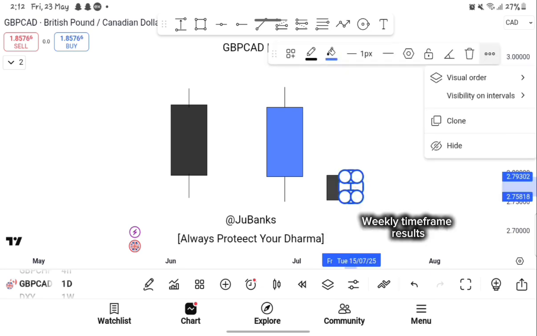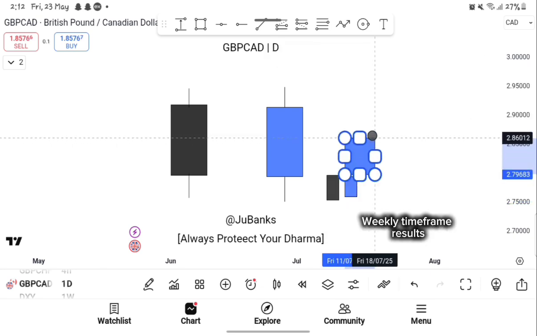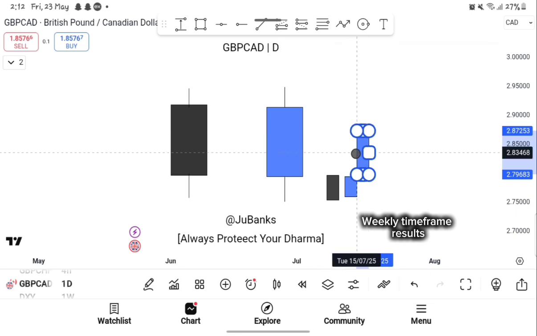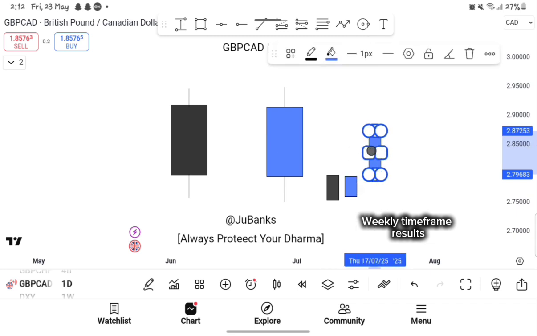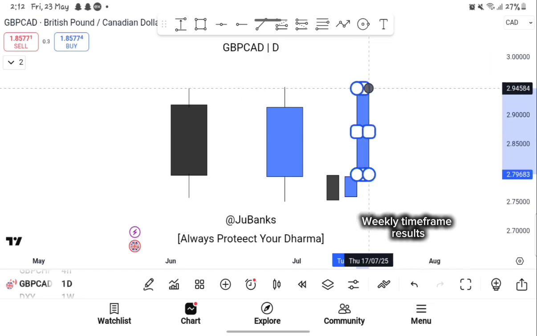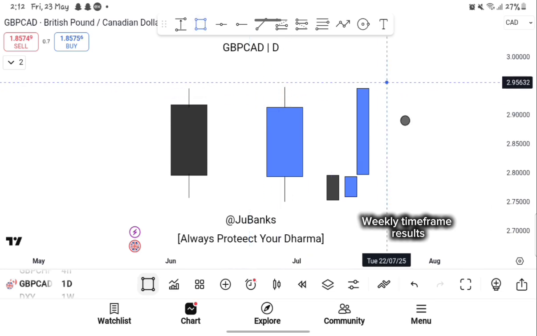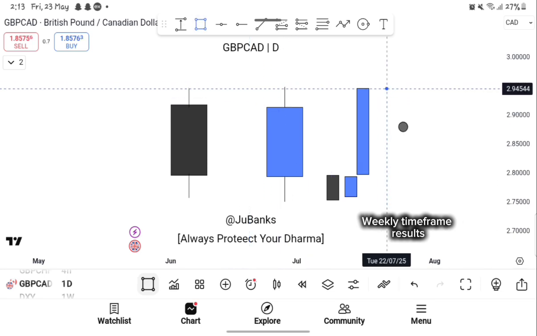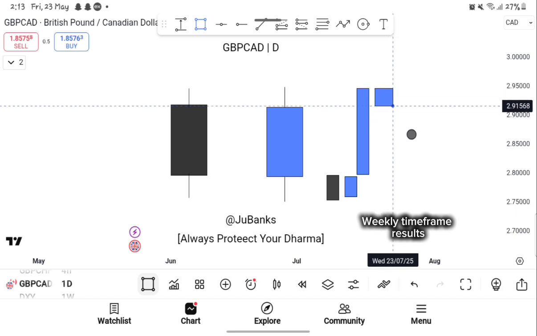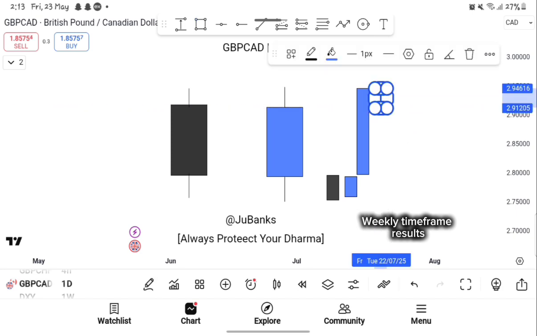Right up to this, and then it dipped back from here. You have a bearish candle now closing right here.